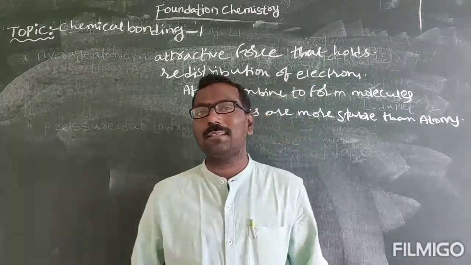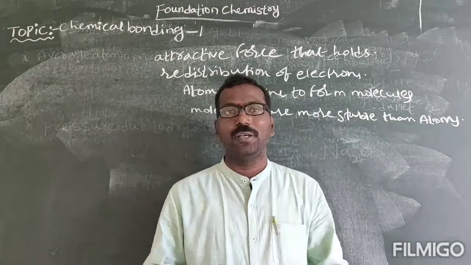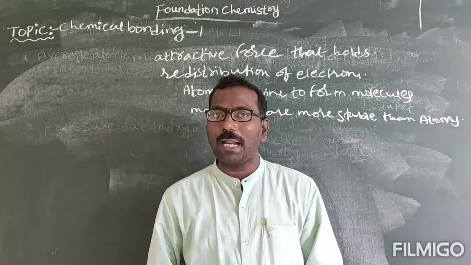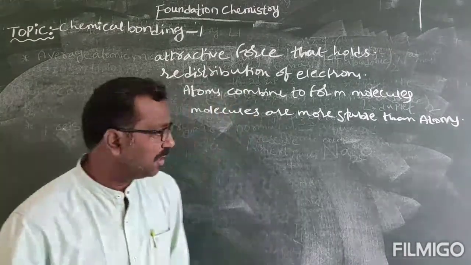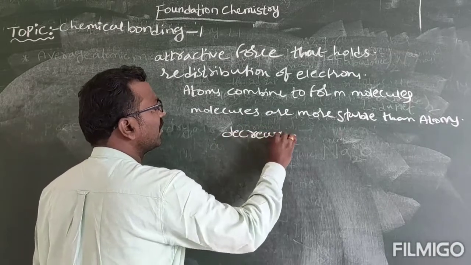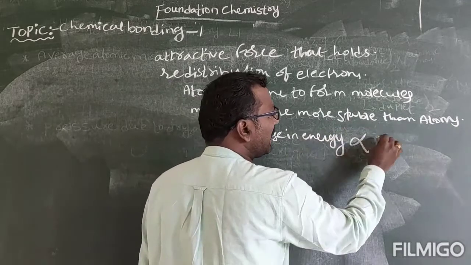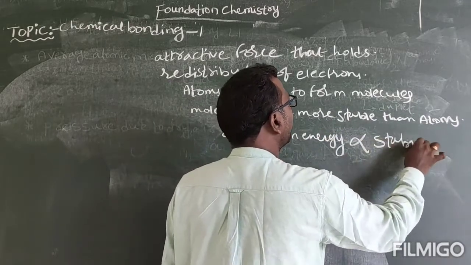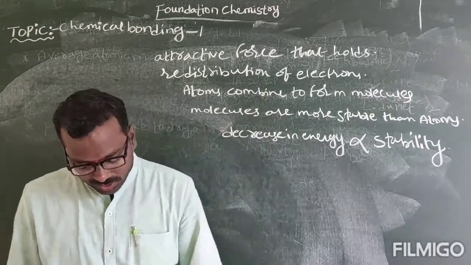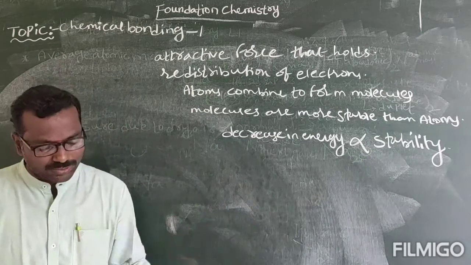When you do exercise, there will be decreasing energy, so your tensions will be reduced. And then you gain stability. Decrease in energy is directly proportional to the stability. Is it or not? Decrease in energy is directly proportional to the stability.